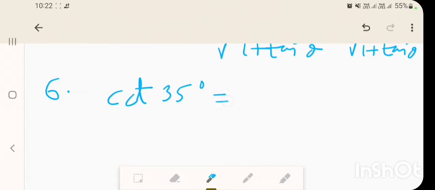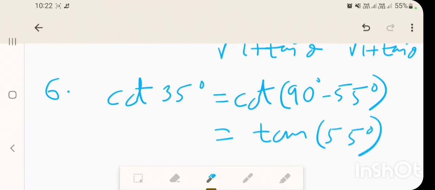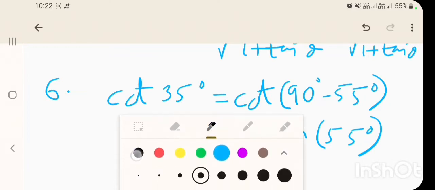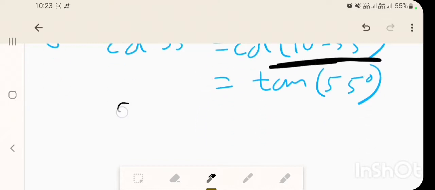So cot 35 we can write as cot of 90 minus 55 degrees, and cot of 90 minus theta is tan theta. This is the formula which you have to remember. So cot 35 in terms of tan 55. This is with respect to section 1.